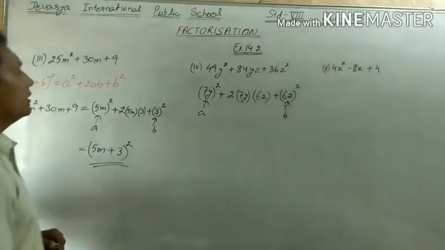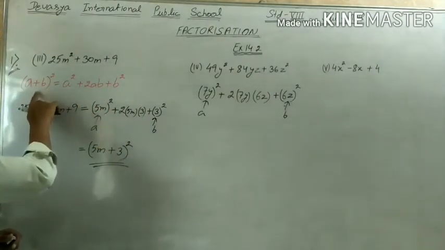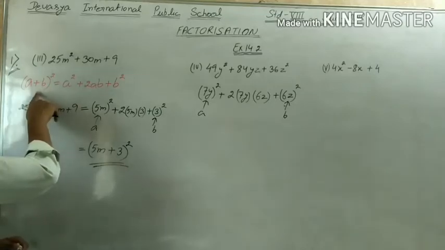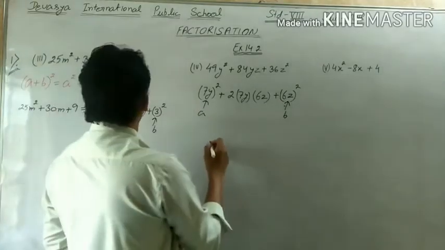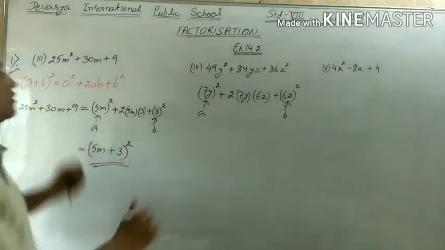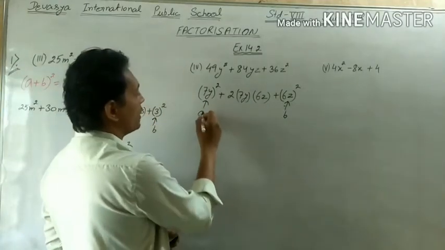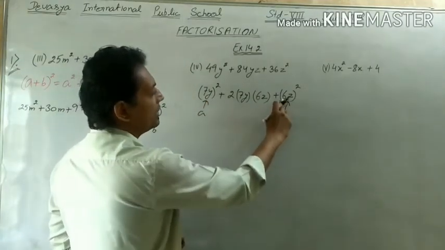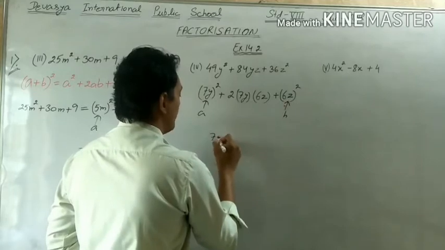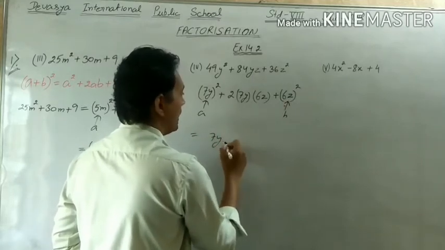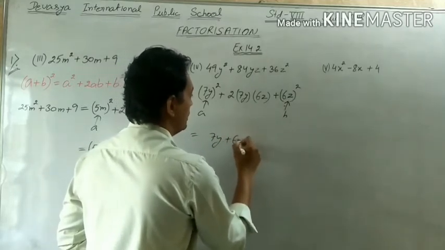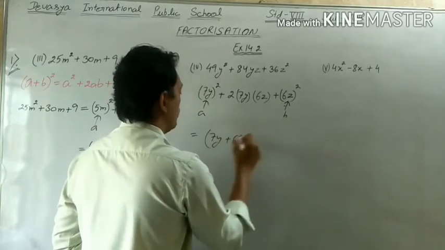Okay? And the expression which corresponds to the left hand side of the identity is the factorized form. So that is A plus B whole square. So we need to write A plus B whole square. What is A? 7y. What is B? 6z. So 7y plus 6z whole square.